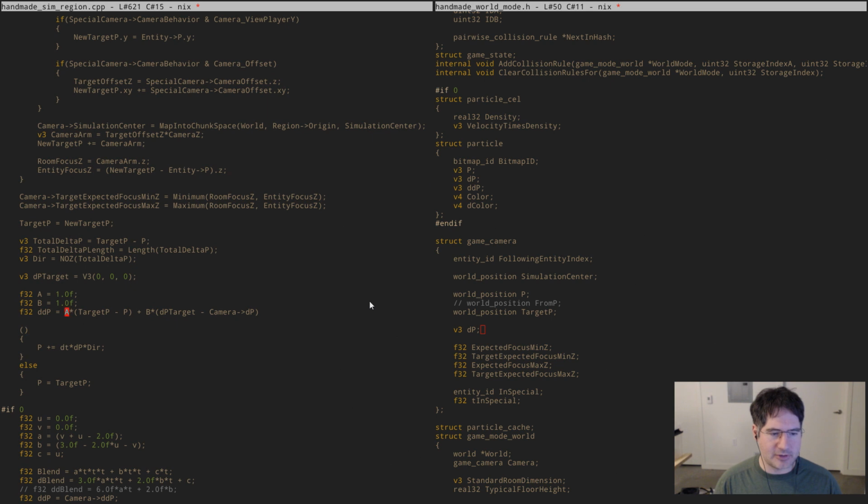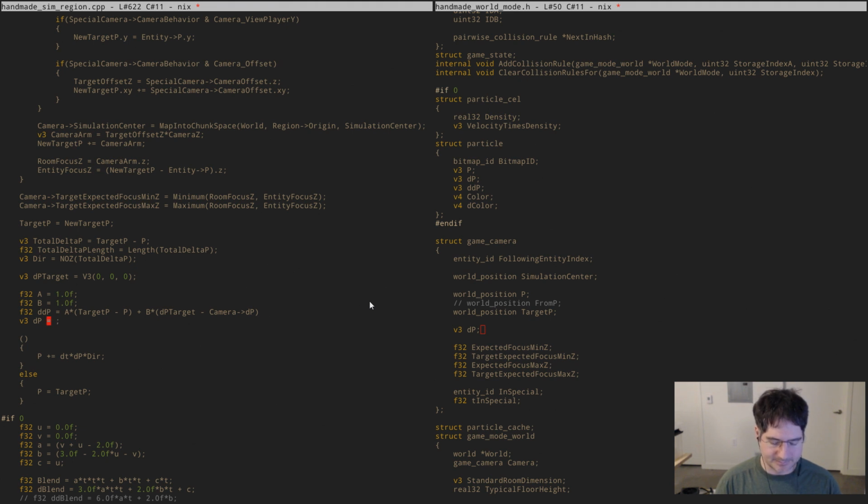So now in order to make all this work, I've got to be able to integrate this DDP up, right? And so in order to integrate it up, I need to produce a DP value, which is actually the more correct speed there. I need to produce the actual velocity. And since that wants to be smooth, I need to take the acceleration, and I need to produce the delta from that, right?